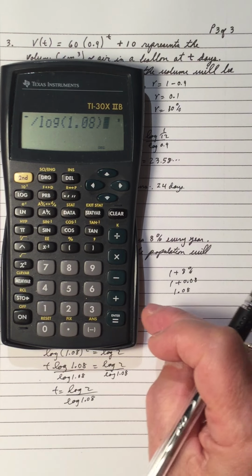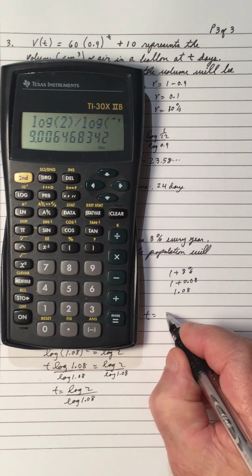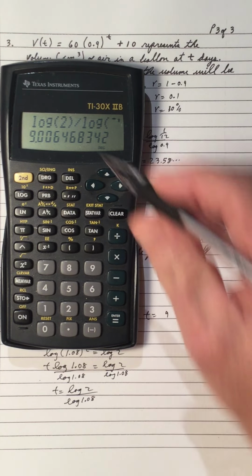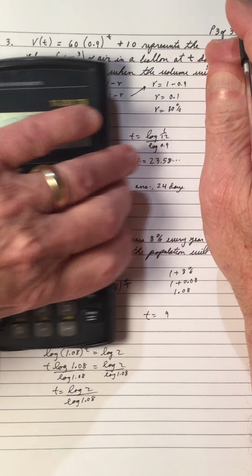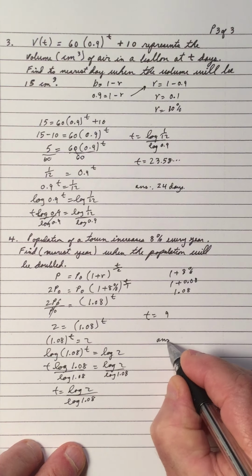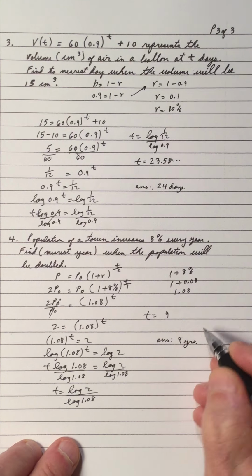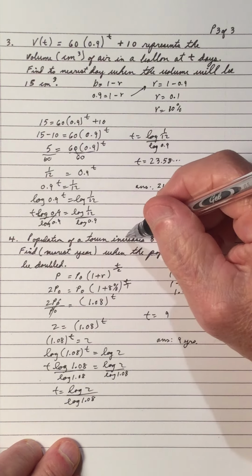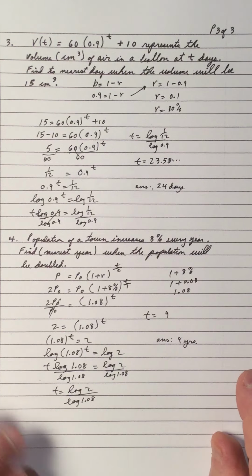So t is 9.006, so 9 years to the nearest year. So the answer is 9 years. And notice the population is increasing, so time had to be bigger than a decimal like 0.1. So I knew I had a mistake.